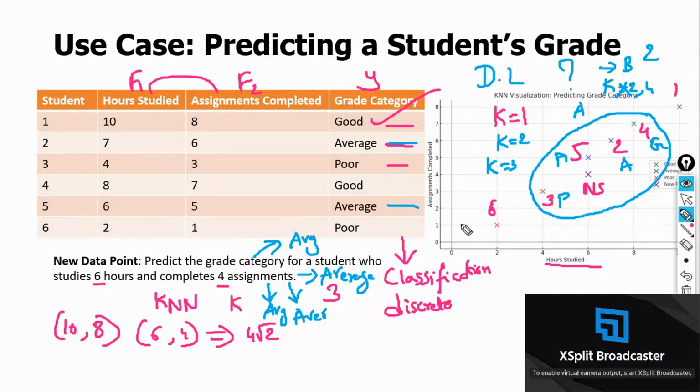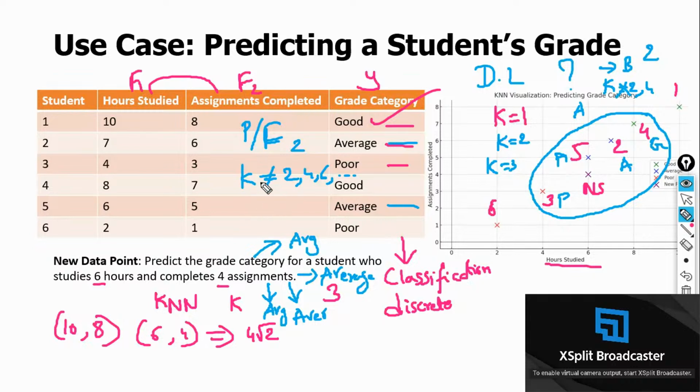For example, assume there are two classes, pass and fail. Pass and fail are the y values. So how many classes? Two classes, right? So don't take the values 2, 4, 6, and so on. Don't take multiples of two for k values. Why?